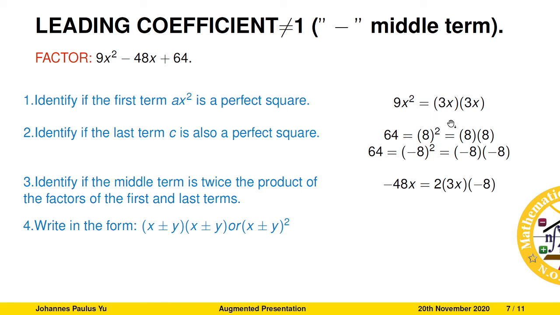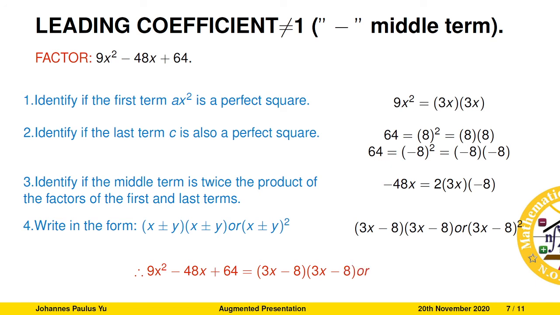So whatever variables that we are using, isuwat nato una 3x, then minus 8. So 3x minus 8 and another quantity of 3x minus 8, or 3x minus 8 quantity squared. So therefore the answer of this task, factor 9x squared minus 48x plus 64, is equal to the quantity of 3x minus 8 times the quantity of 3x minus 8, or simply 3x minus 8 quantity squared.